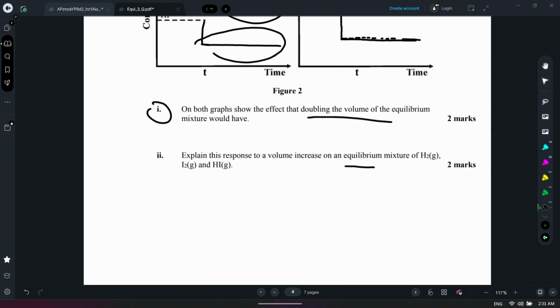When the volume is doubled, what will happen? Pressure is halved.